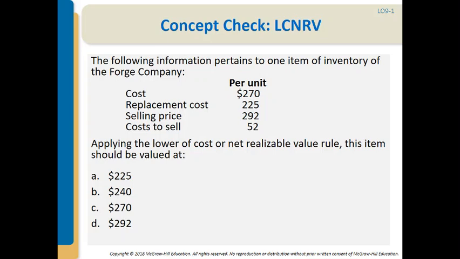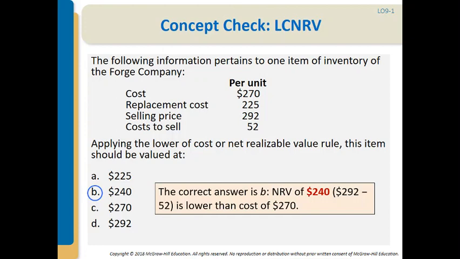And so you take the selling price here of 292 less this cost to sell of 52, and you come up with 240, which is less than the cost. So this item should be valued at B. Now we'll see where this replacement cost comes into play when we're doing the actual lower of cost or market.